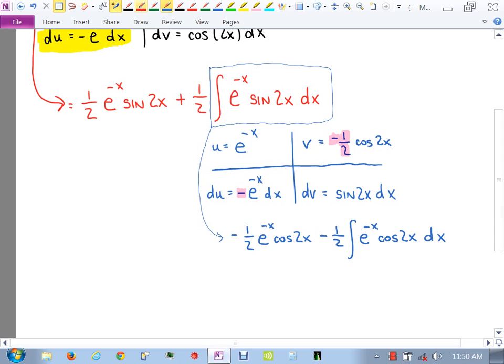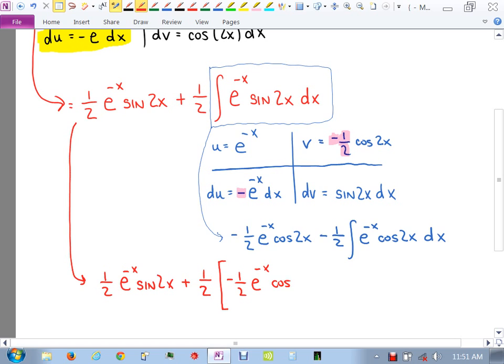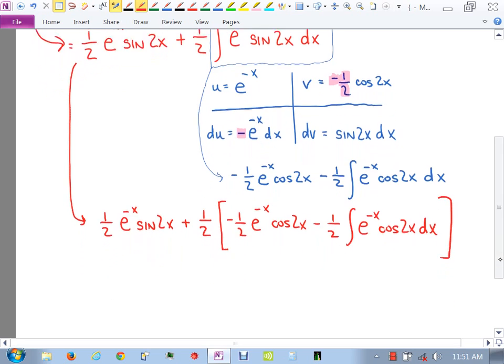I'm going to rewrite this now. 1/2 e to the negative x sine 2x plus 1/2 times what I just got. Negative 1/2 e to the negative x cosine 2x minus 1/2 integral e to the negative x cosine 2x dx. Close my bracket.